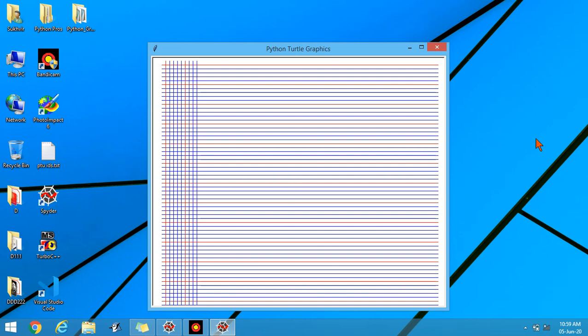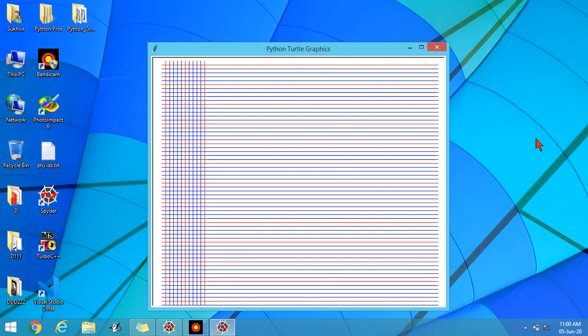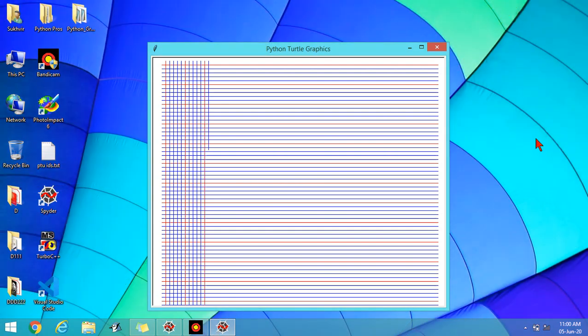A lot of advantages are there in the Python language. Code is reduced compared to other languages also. All the vertical contents are there. It will design with a particular gap because a for loop is there.